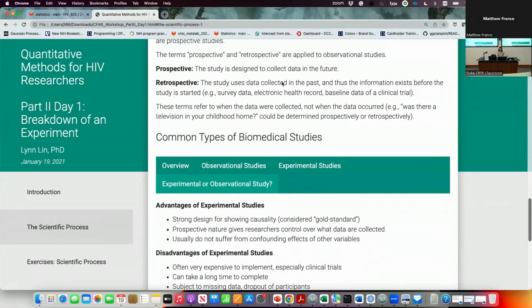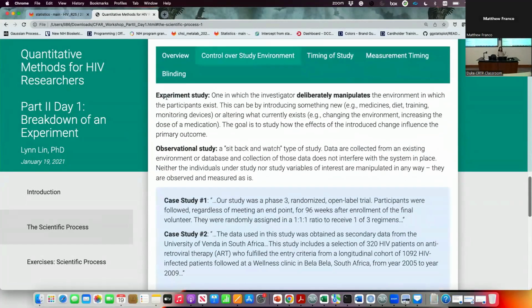So my question is, for the experimental studies, do you think it's typically retrospective or prospective? Prospective. Why is that? Because you're designing it ahead of time. Yes, right. So most of the time, I mean, all the time, the experimental studies are prospective.